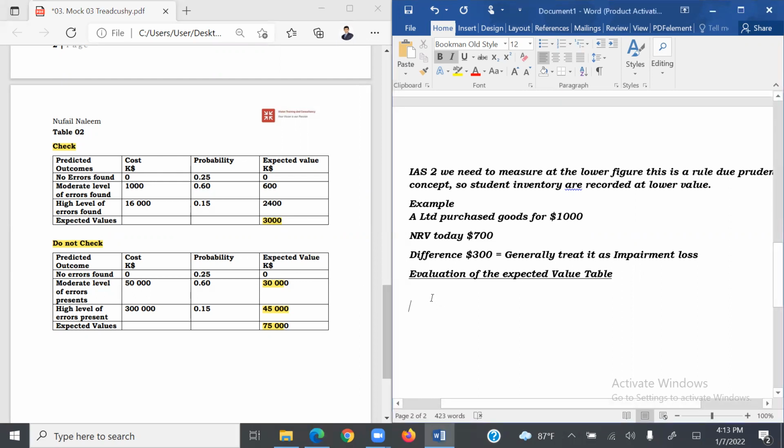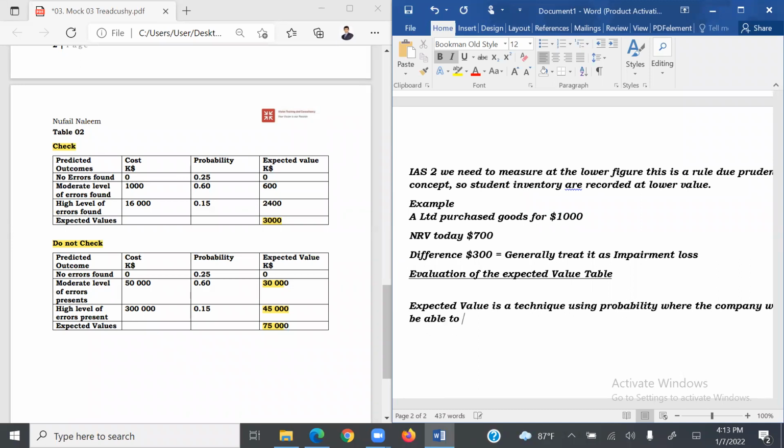So I will write down here, students, expected value is a technique using probability where the company will be able to generally manage the cost, based on the past experience.